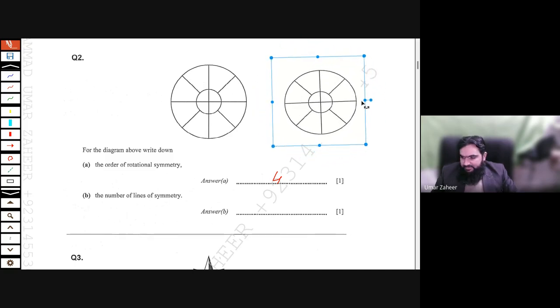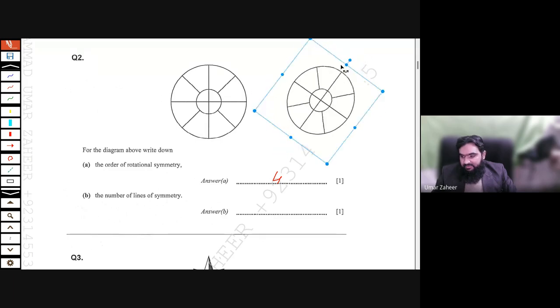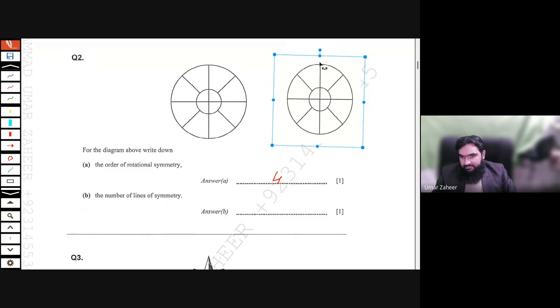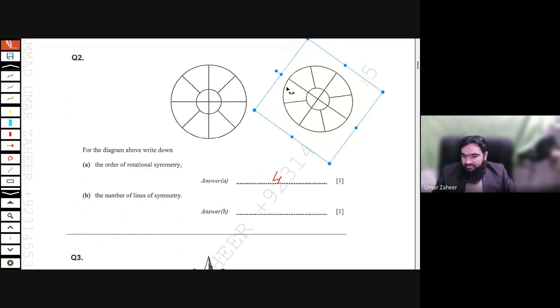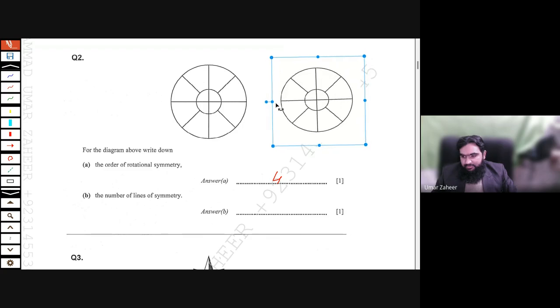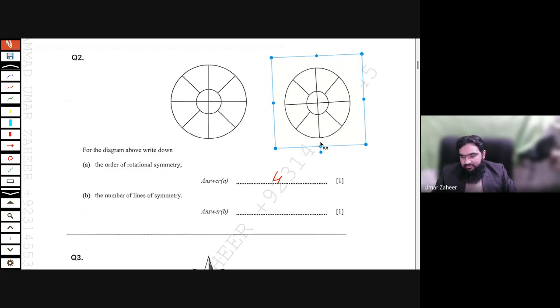This is the first time it is exactly the same shape, right? Yes, sir, at 90 degrees. Sorry, 45 degrees. And then at 90 degrees it is going to be the same. 2. Now 3 and 4.